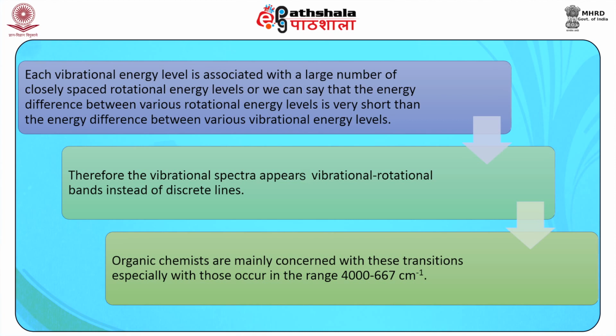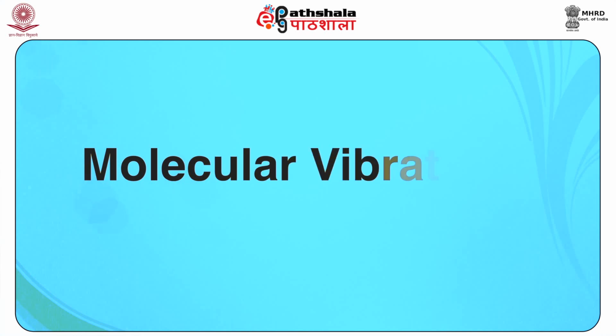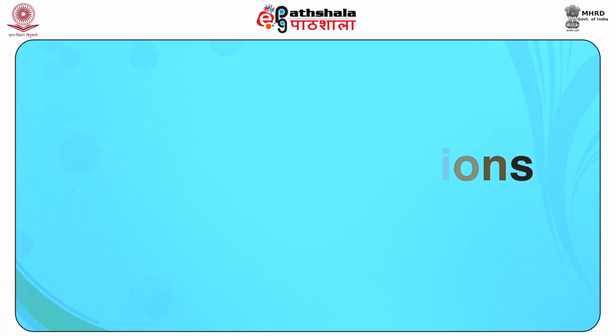Therefore, vibrational spectra appear as vibrational rotational bands instead of discrete lines. Organic chemists are mainly concerned with these transitions, especially with those which occur in the range of 4000 to 667 centimeter inverse.